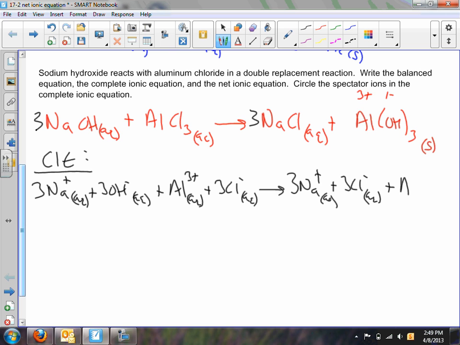And it looks like the aluminum hydroxide is the only thing that doesn't get separated because that was a solid.